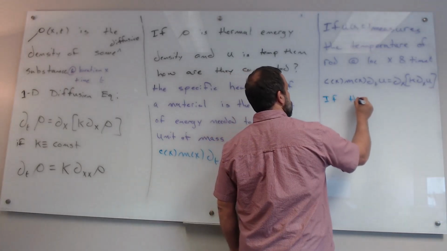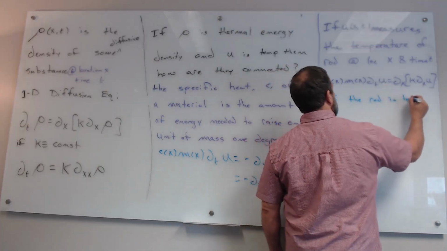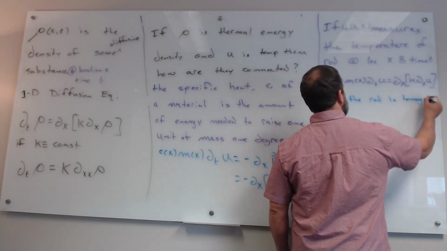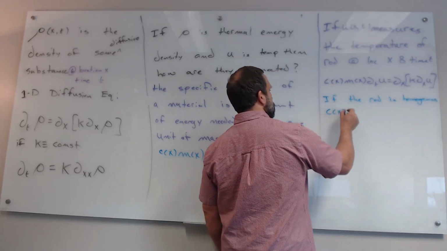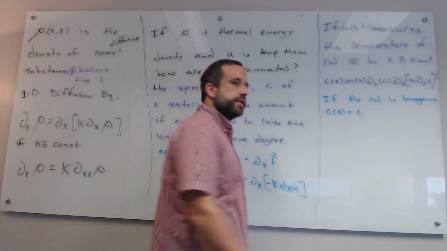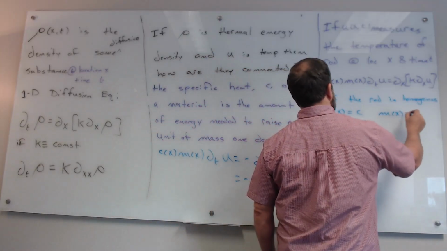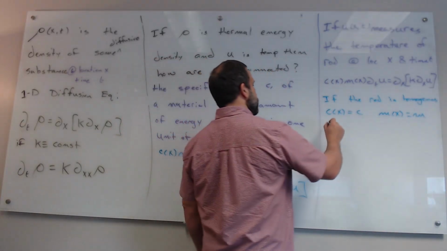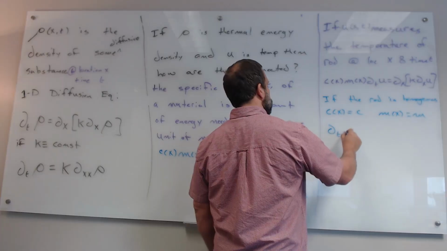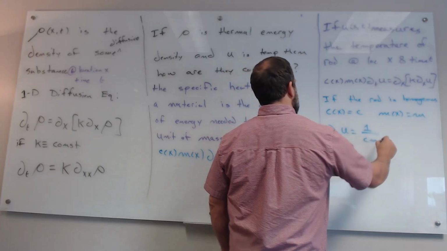Now, if the rod is homogeneous, so that C of x is just equal to a constant, and M of x is also just equal to a constant, then we can write this as the t derivative of u is equal to 1 over c times m, times the x derivative of k times the x derivative of u.